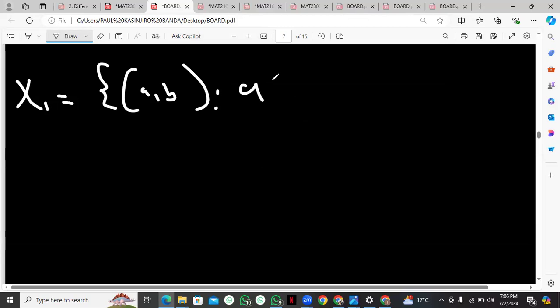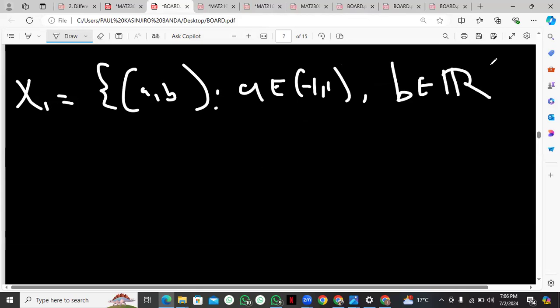So I have the set X1, where they're saying (a, b) is such that a is a member of the open interval from -1 to 1, and b is a member of the real numbers.